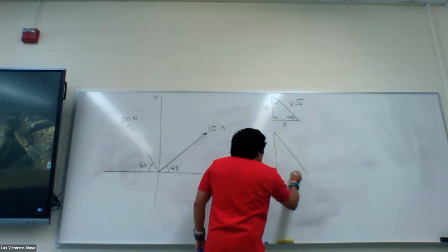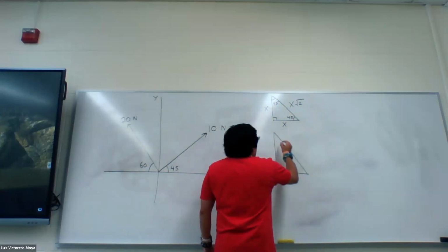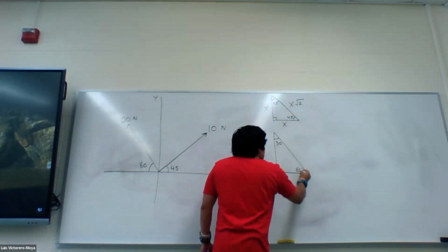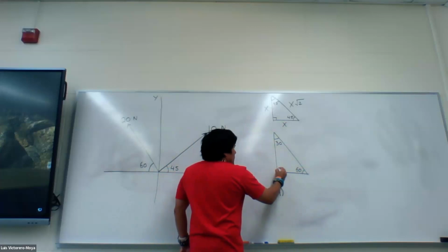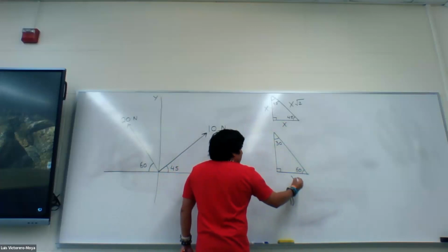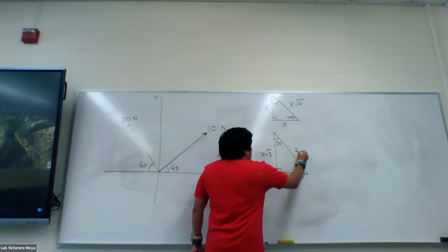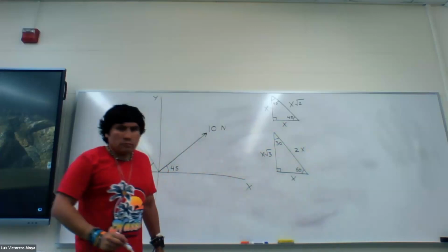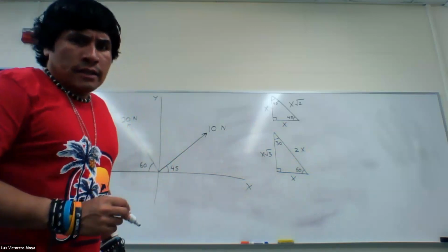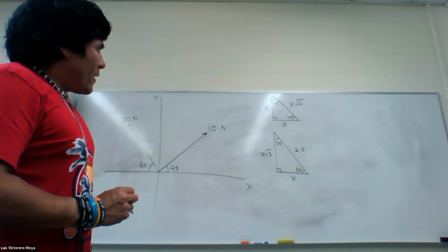And the other one is the 30-60, like this, 30 and 60. Again, that's 90 degrees. This is like x, x root 3 and 2x. Those are the ones that you guys should know.